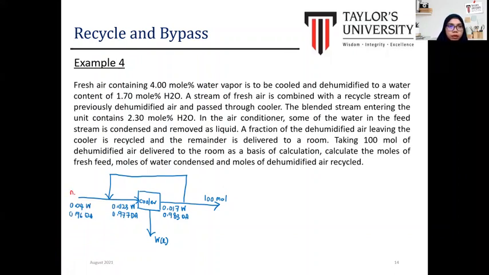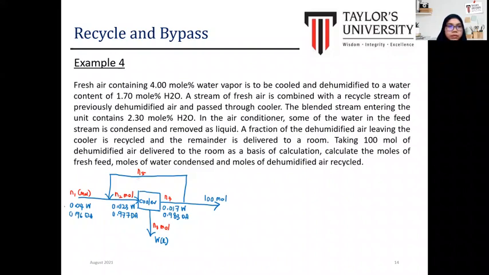So we start with N1, moles of the fresh stream, and then we have N2 moles of the fresh stream mixed with the recycled stream, and maybe we have N3 moles for water only, and then we have N4, and this is our N5. Okay, the composition here, because there is no unit operation and no reaction occurring here, should be the same, right?